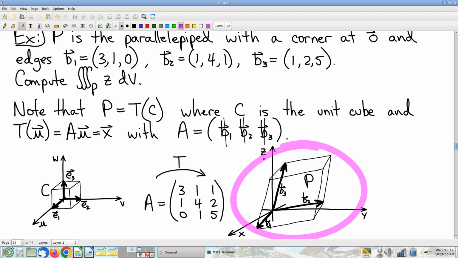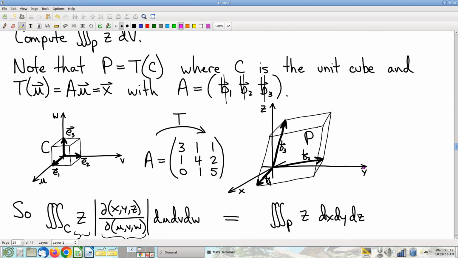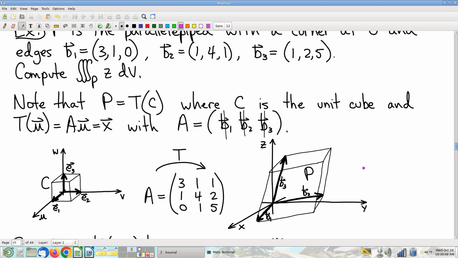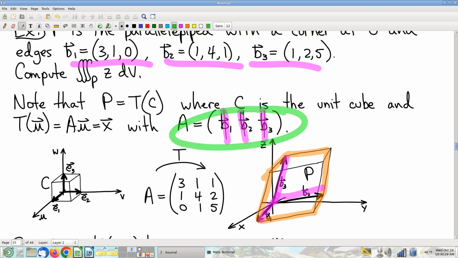Okay. All right. Now, here's a really clever move. Again, I'm showing you because someone showed me. This is one that everyone should keep in mind for possible future use. If you have a parallelepiped defined by certain vectors, as we do, if you take those vectors, make those vectors the columns of a matrix, use that matrix to define a linear transformation.